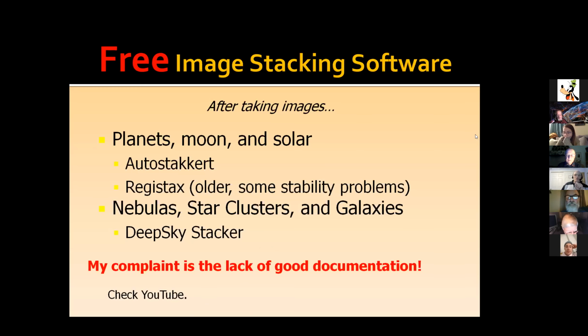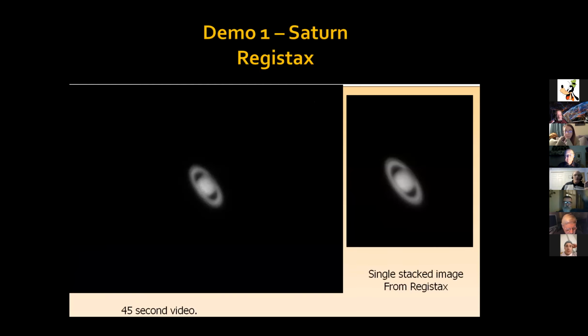We're going to do a little software magic, and we're going to do some demonstrations. The first product I'm going to do is Registack. On the left-hand side, this is a 45-second video of Saturn. When I processed this with Registack, this is what it came out as.